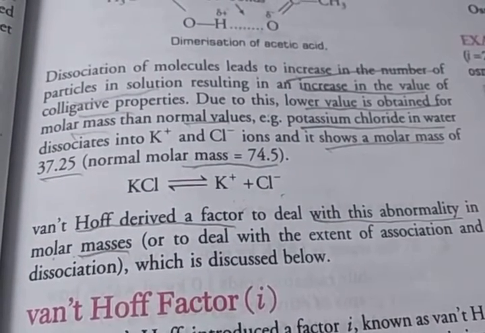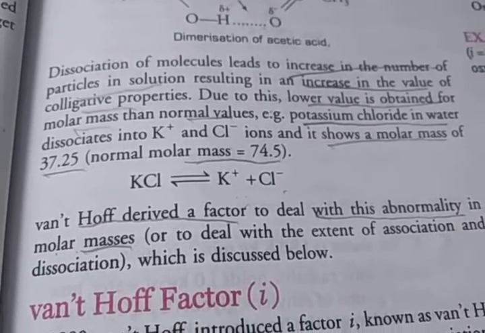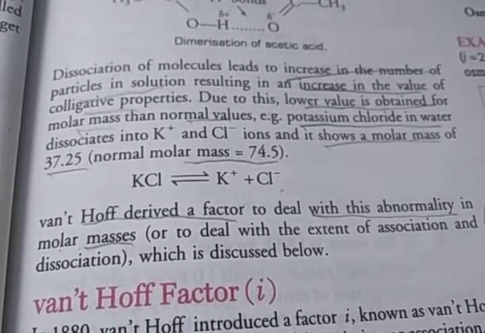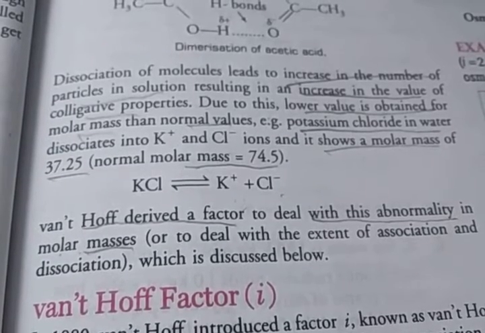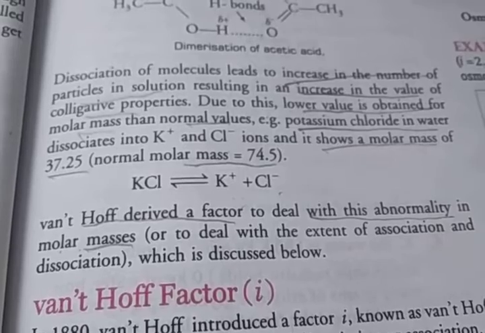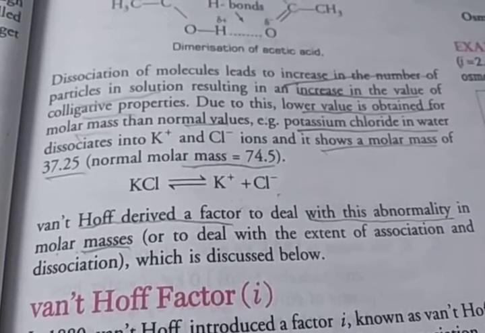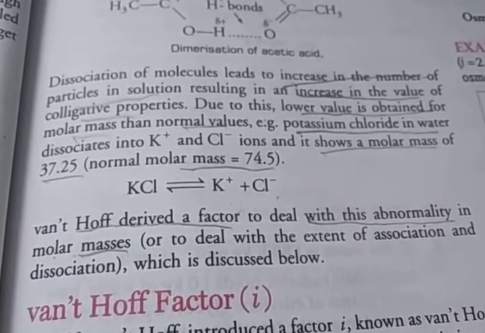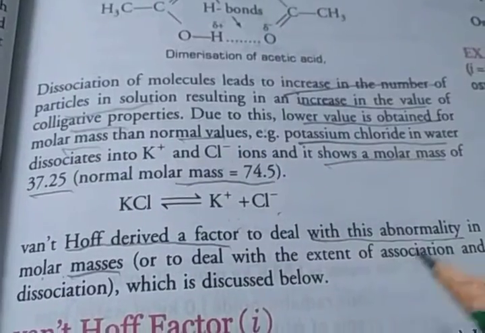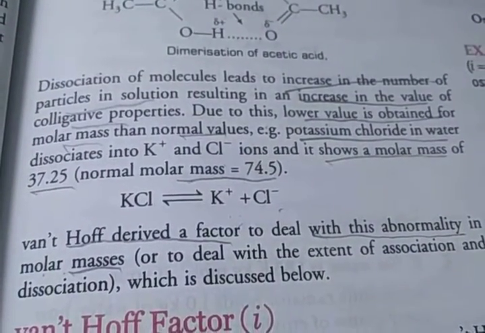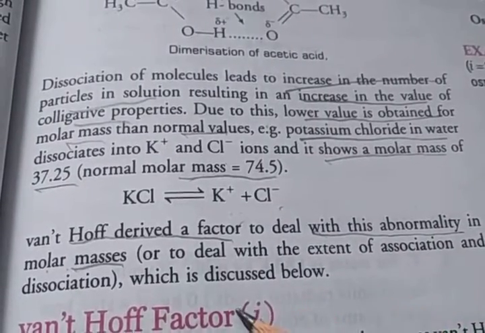If the anion and cation attach together, that is association. So there are two types: association of molecules and dissociation of molecules. Association decreases the number of particles in the solution, and dissociation leads to an increase in the number of particles. Van't Hoff derived a factor to deal with this abnormality and the extent of association and dissociation.